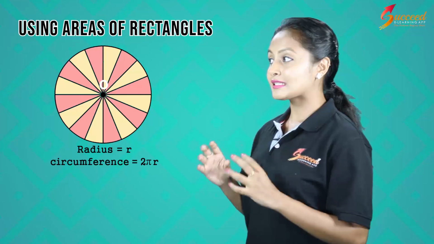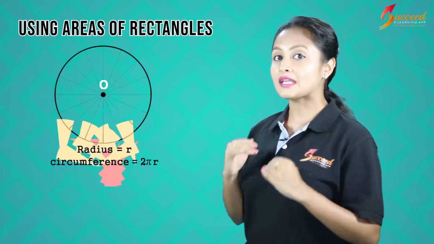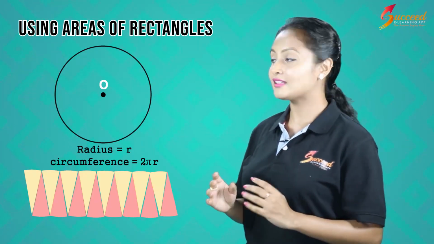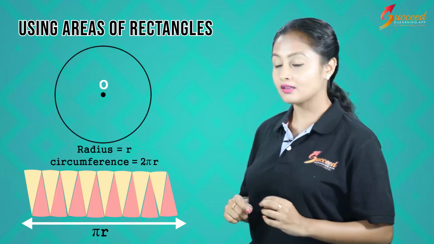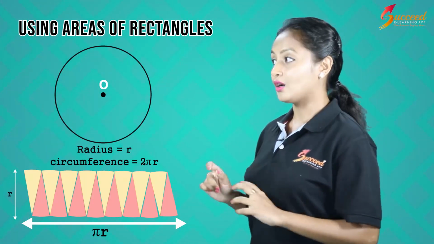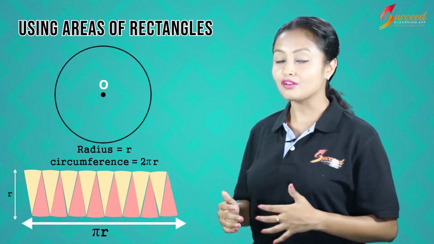Now let us take the cut pieces, that is the 16 sectors, and place them on a plane in the form of a rectangle. Now you can see that the length is pi r and the height is nothing but r, that is the radius. Now this is in the form of a rectangle. So what is the formula for calculating the area of a rectangle?